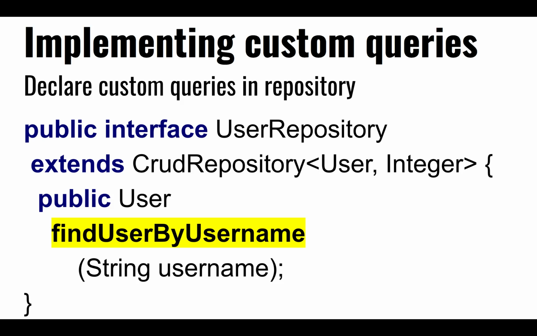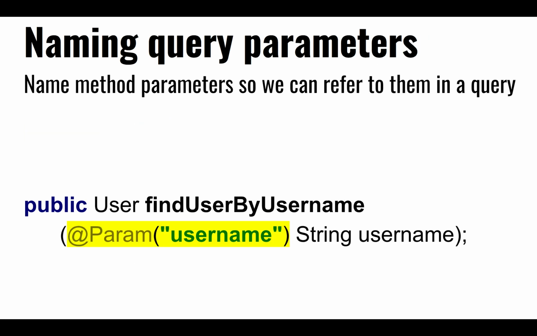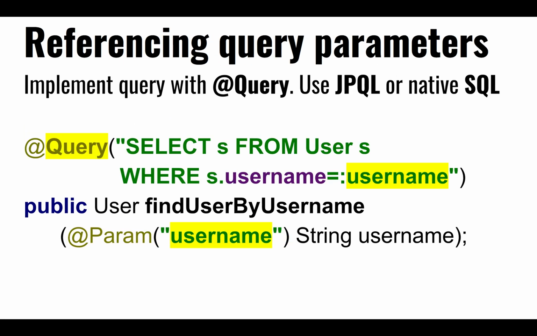We also implemented a couple of custom queries using the @Query annotation, and this allowed us to implement our own implementations of retrieving data from the database, instead of using the out-of-the-box generic implementations of find all and find by ID.